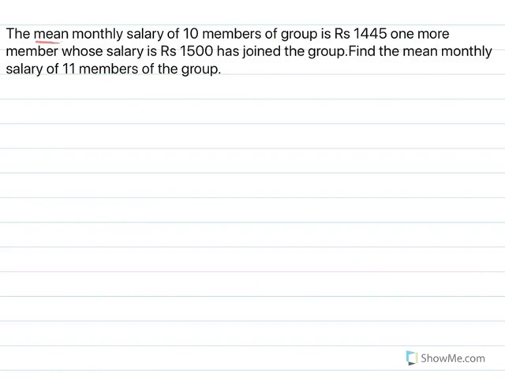The mean monthly salary of 10 members of a group is 1445. So let's write down: the mean is 1445, number of members equal to 10.